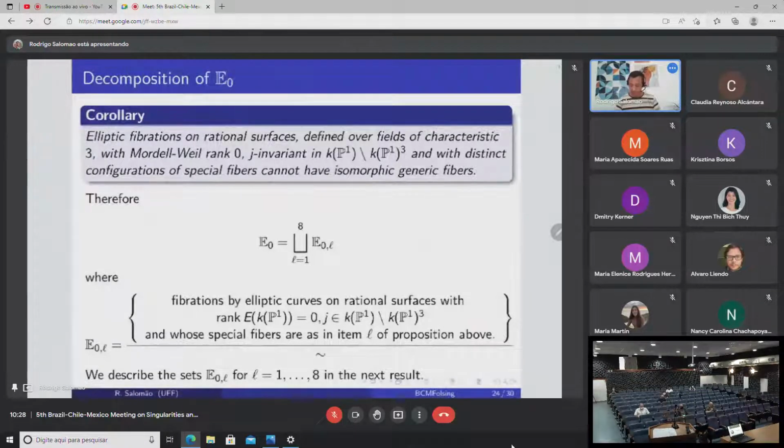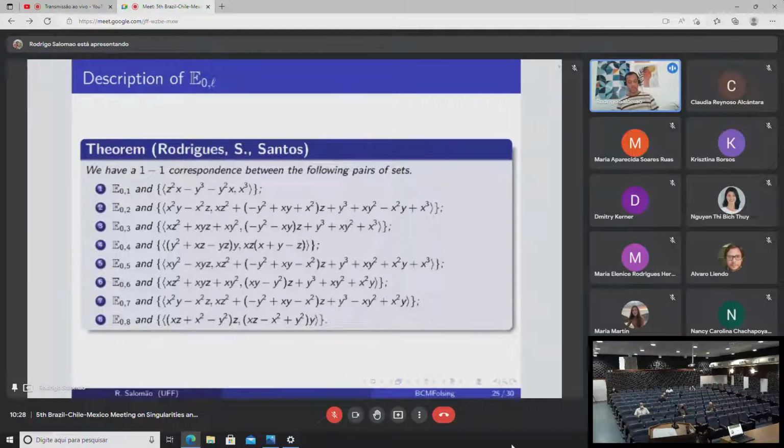And we do this in this result. So if we consider the fibrations whose special fibers are as the first item of the previous list, then each equivalence class will be given by the equivalence class of the fibration obtained by blowing up the base points of this pencil.